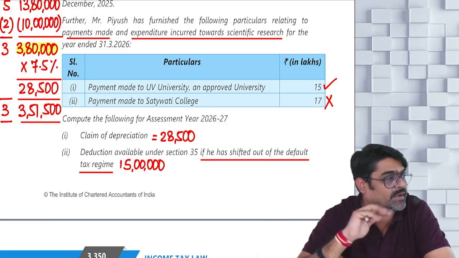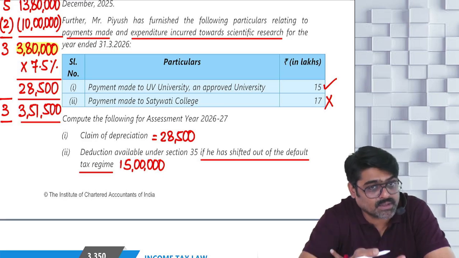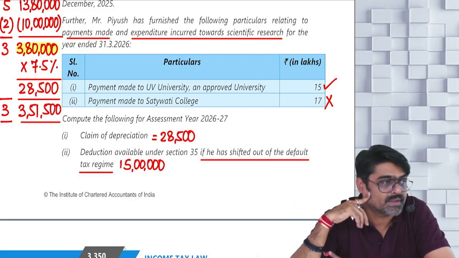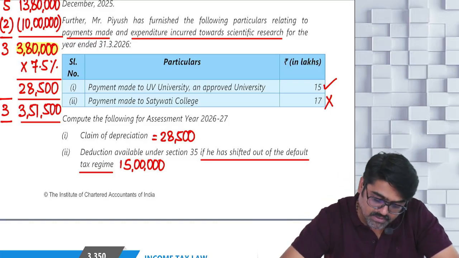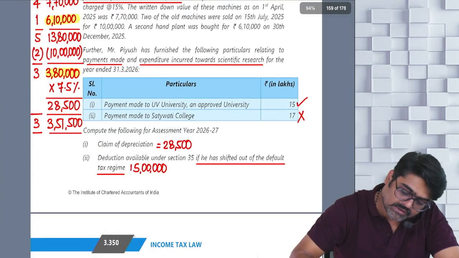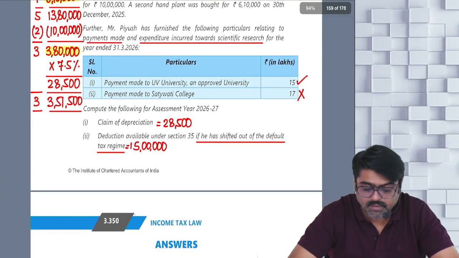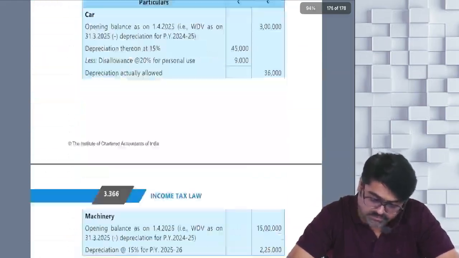Any donation for scientific research is not available if you pay tax under the default tax regime. Yes or no? So under section 32, how much is the depreciation? 28,500. And under section 35, how much is the deduction? 15 lakhs. Go and check the final answer.